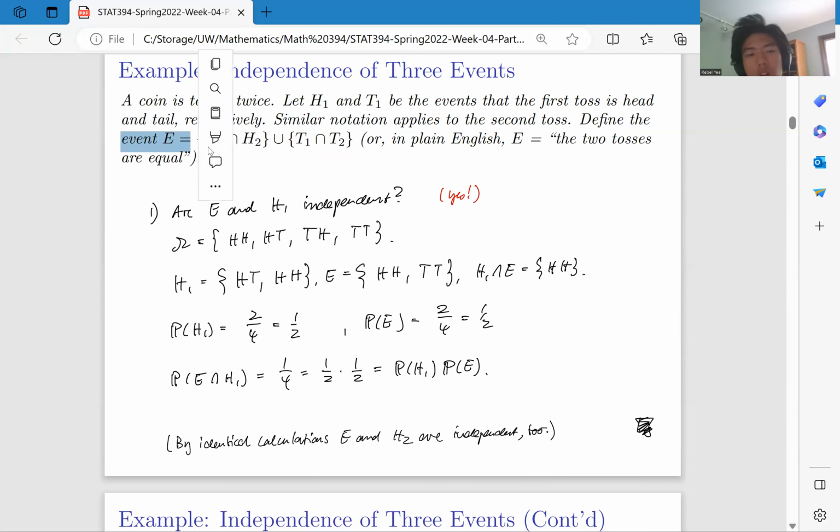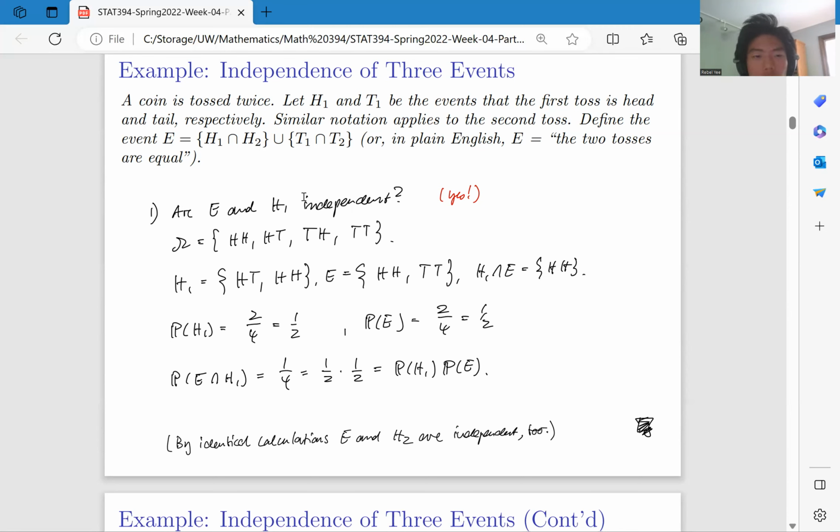So E is equal to H1 intersection with H2, union with T1 intersection with T2. This is very interesting to see. It only has 2 cases actually, because either the first and the second coin toss are both head, or the first and second coin toss are both tail.